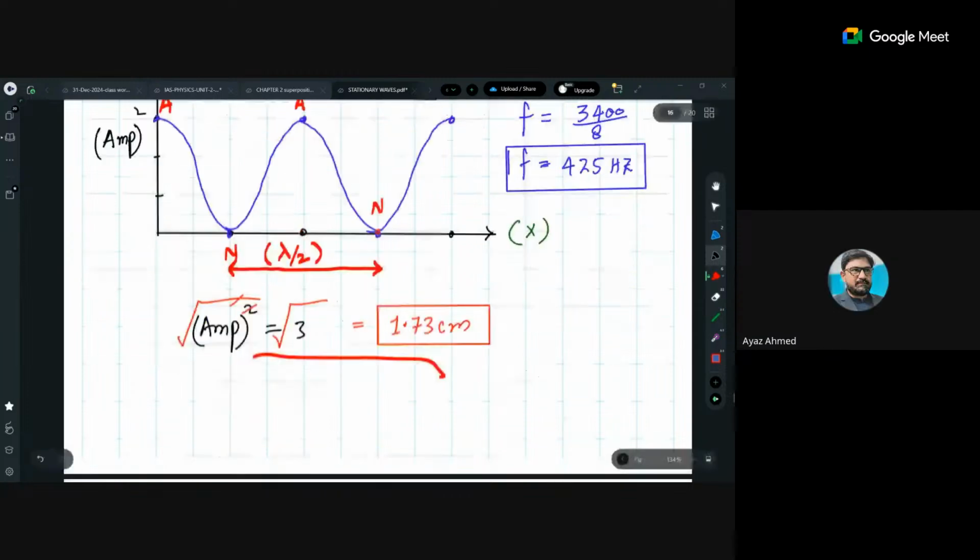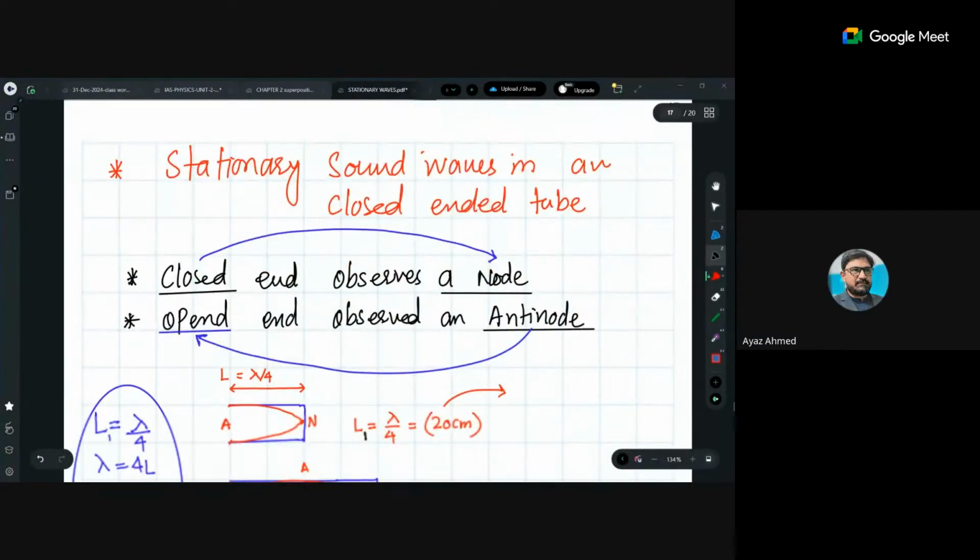So that is the stationary wave formation in an open ended pipe. Now there are two pipes, one that is closed on one side and open on the other.